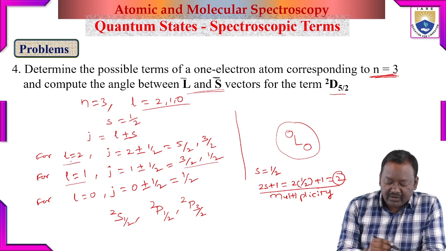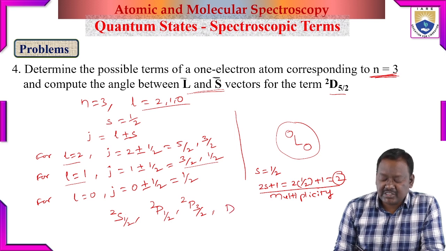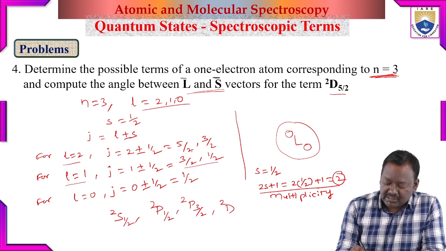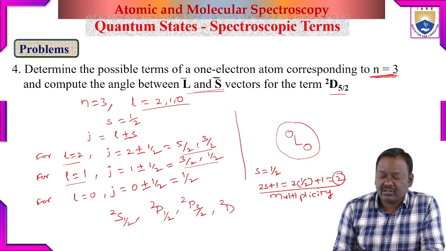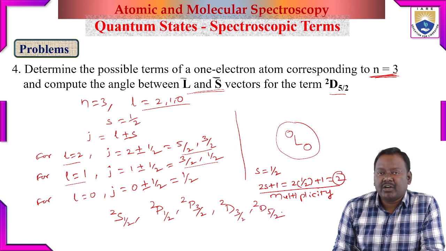And for L equal to 2, if the L value is 2, then the designation is D, multiplicity is 2, and the possible J values are 3 by 2 and 5 by 2. So 2D 3 by 2, 2D 5 by 2. These two are possible spectral terms for L equal to 2.